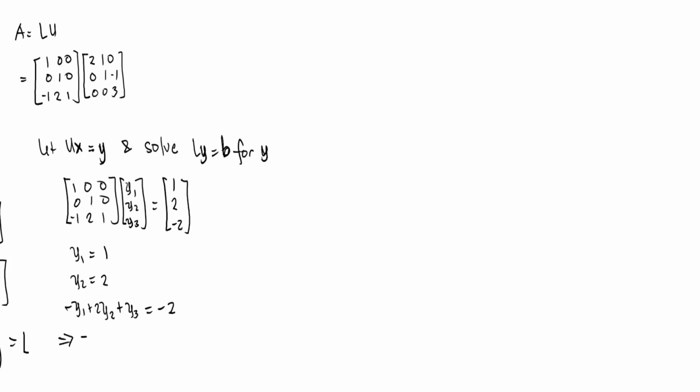So we have negative 1 plus 2 times 2 plus y3 equals negative 2. So this implies that y3 is equal to, this is negative 1 plus 4, so that's positive 3. So you transpose that one, so that's negative 3. So negative 2 minus 3, so that's negative 5. So therefore, our y is equal to 1, 2, negative 5.